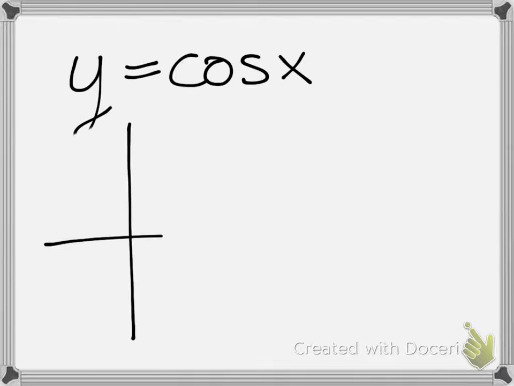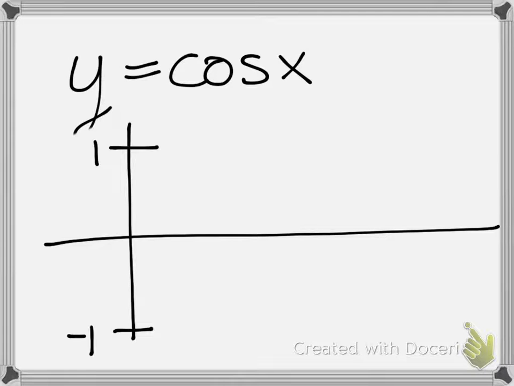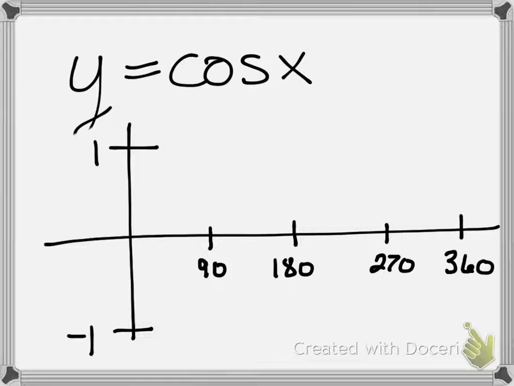our x-axis and y-axis. We need to go to +1 and -1 again. This can be 360 degrees, which means halfway will be 180. Halfway of that will be 90 and 270. And once again, you can do your 45 degree, you can do 30, and we went ahead and did 60.